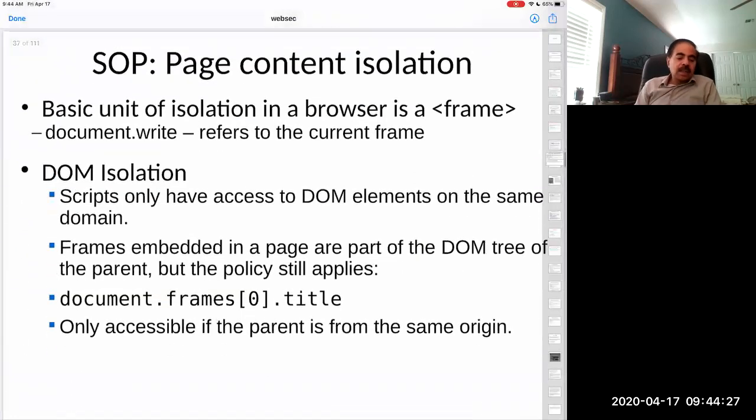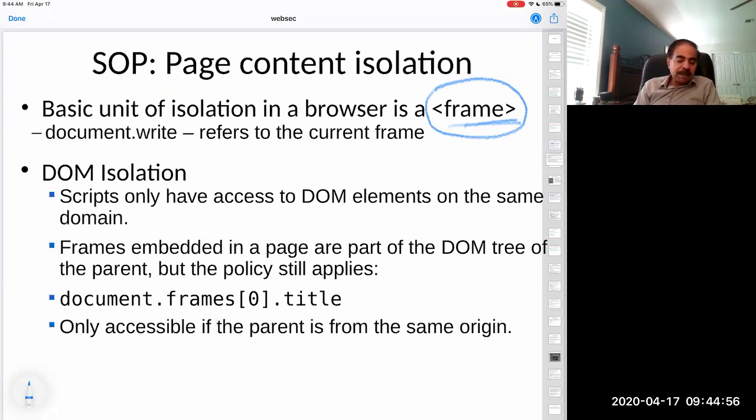Okay, so now that we talked about how cookies are protected, let's talk about how page content is protected, right? To protect page content, you have to define some unit, some boundary. And the boundary on web pages is given by the frame tag, right?